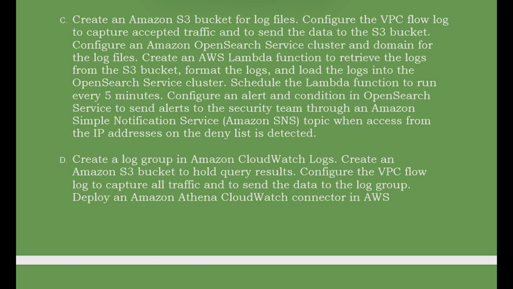Schedule the Lambda function to run every 5 minutes. Configure an alert and condition in OpenSearch Service to send alerts to the security team through an Amazon Simple Notification Service (Amazon SNS) topic when access from the IP addresses on the denial list is detected.